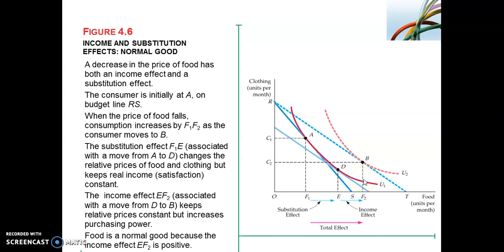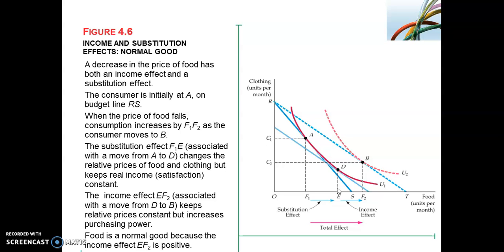So that move to D over there from A to D, which represents that substitution effect, arose because food was relatively cheaper. So whereas at A, the consumer had OF food consumed, at D, the consumer now consumes OE units of food.